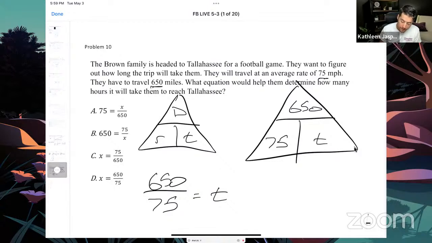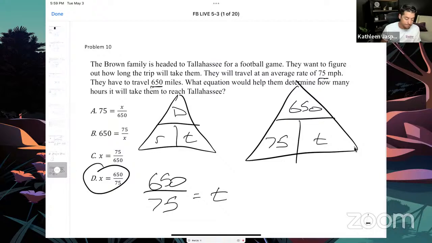Okay. And if I look at the answer choices, A isn't correct because it's got 75 equals X over 65, and that's not going to work, even if I manipulate the problem around. 650 is 75 over X. That's not going to work either. X equals 75. Nope, that's the opposite. D is the correct answer, 650 over 75. Okay.